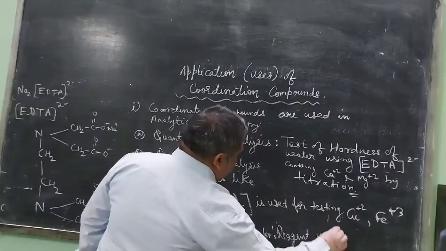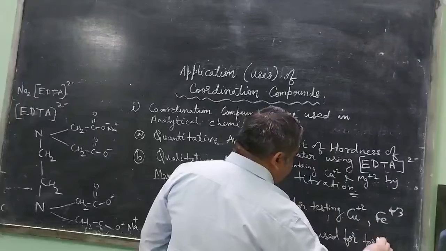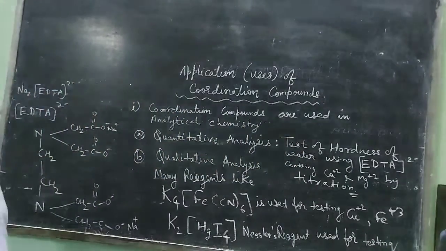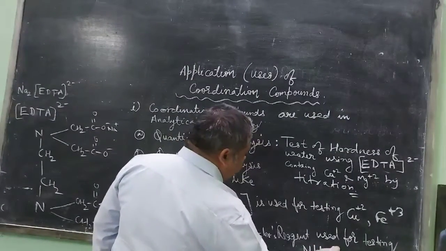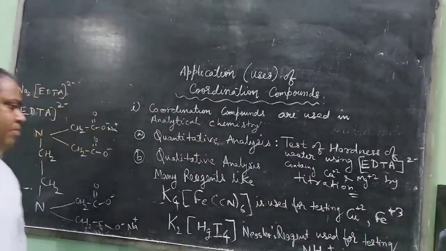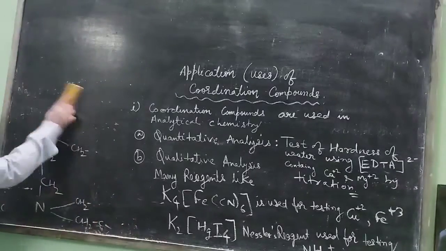It is used for testing presence of NH4+ ion. It gives brown precipitate. All right. What is the reaction involved?